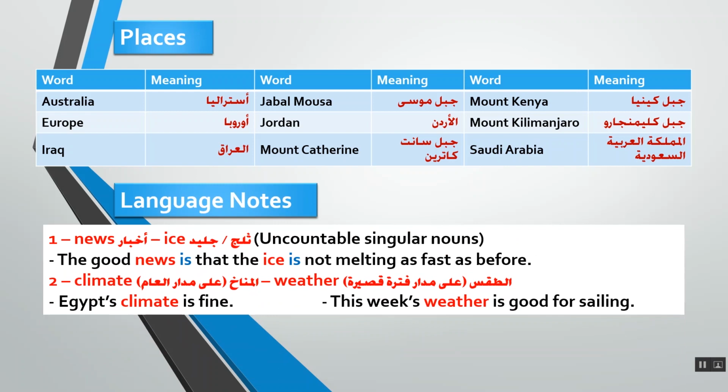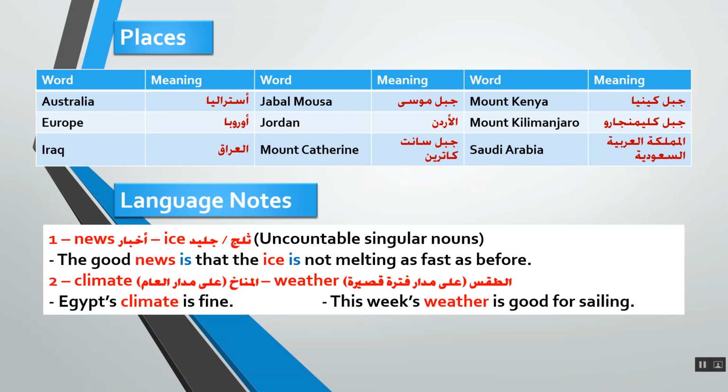Some language notes. Here we have the word news and the word ice. They are uncountable singular nouns. For example, the good news is that the ice is not melting as fast as before. The word climate and the word weather.